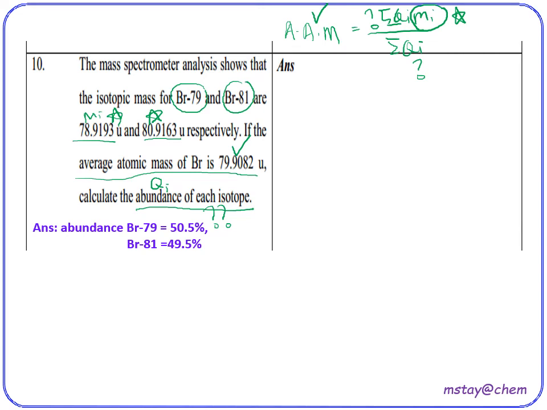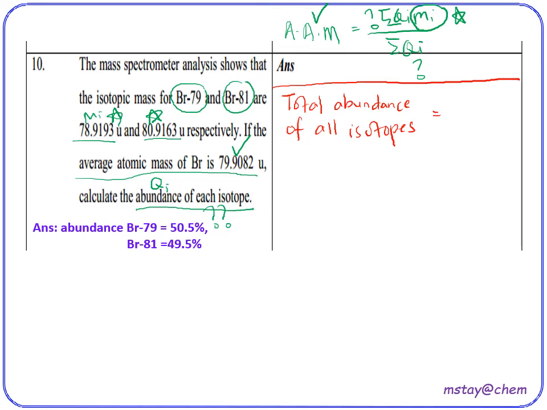Next, what we need to know is another concept. You have to always keep in mind that the total abundance of all isotopes always equals 100%. So in this case, we have to make an assumption. Let the abundance of bromine-79 be X%, because we didn't know how many percent.